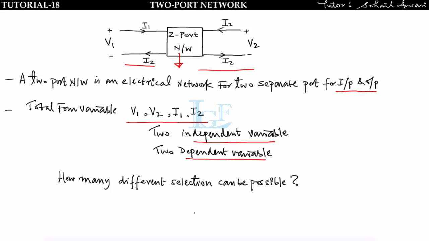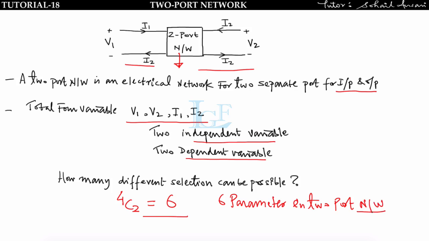How many different selections are possible? We have to select 2 variables from 4, so the total number of combinations is 4C2, which is equal to 6. That's why we have 6 parameters available in two-port network: Z parameters, Y parameters, T parameters, T dash parameters, G parameters and H parameters.